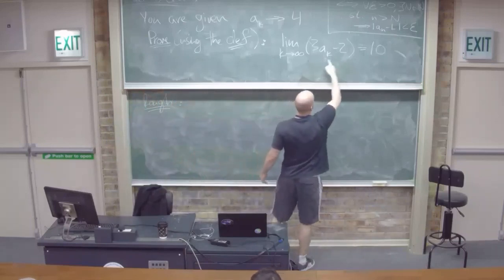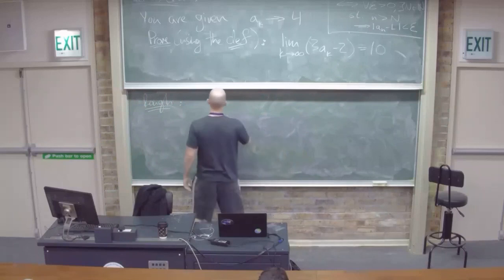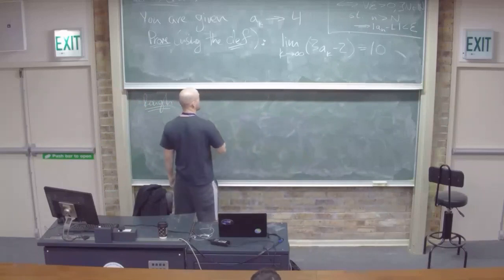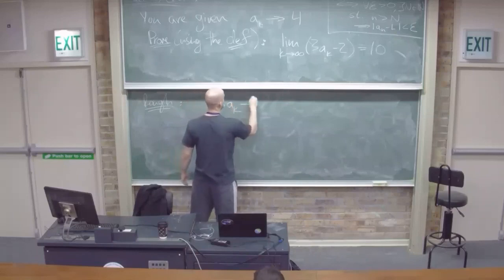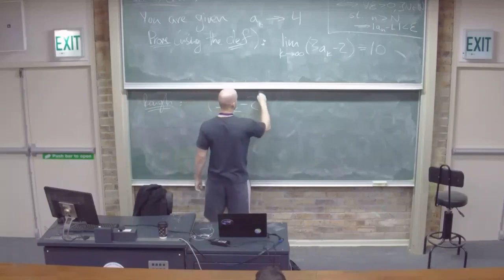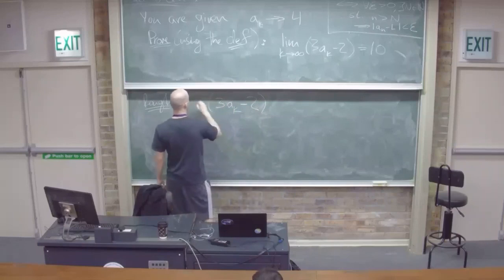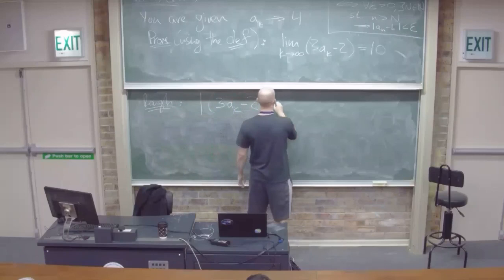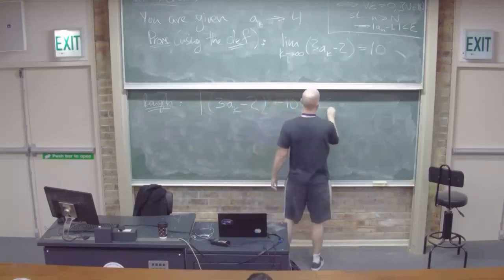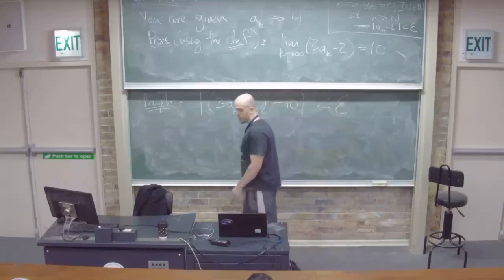This is the object that I want to show has limit 10. So I'm just going to write 3ak minus 2. If you want to, you can put brackets around it to emphasize this is some sequence. And we want to investigate that minus 10, that's the limit. This is the object we want to study.